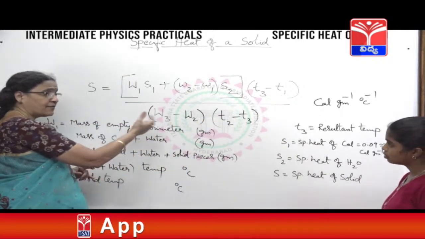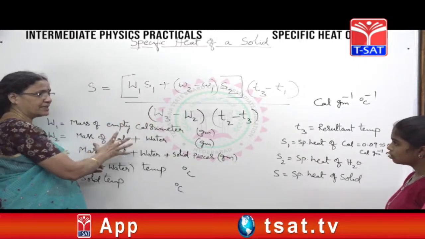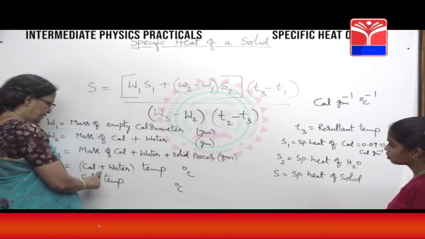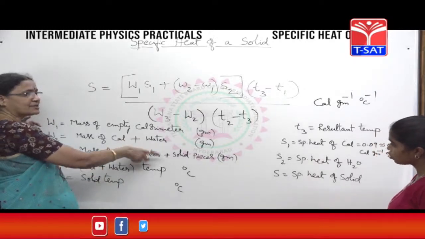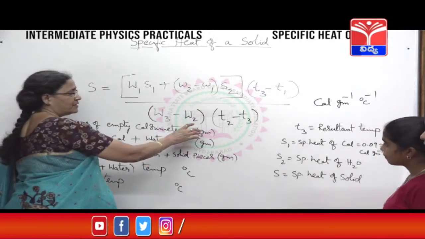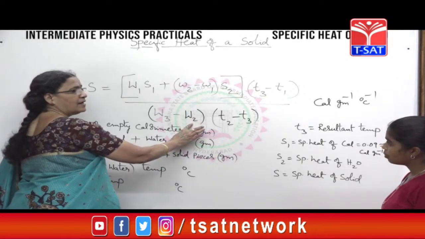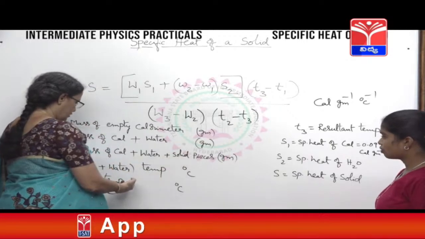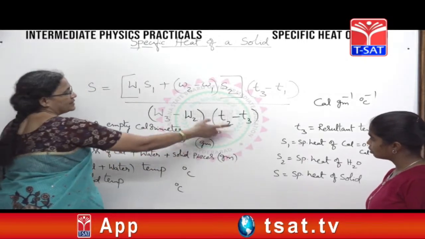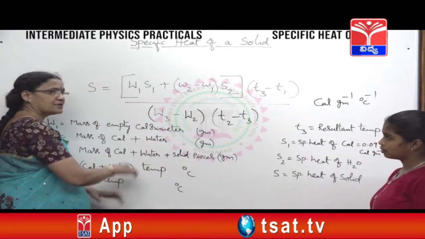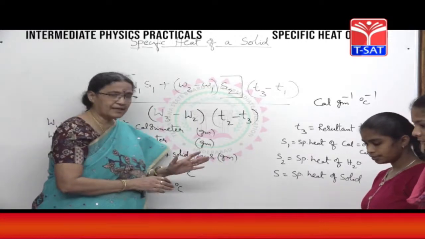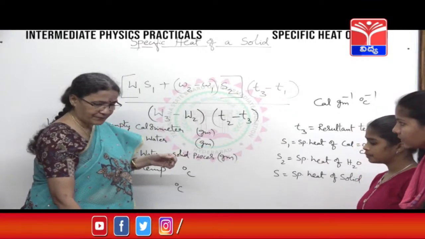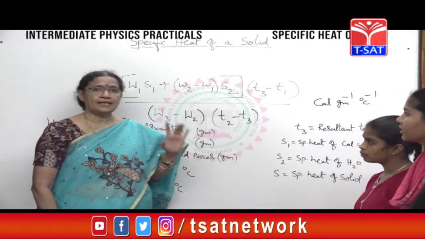Now we are just checking whether you know each and every term in this so that you can substitute. W3, mass of calorimeter plus water plus solids. You have measured with rough balance. W2 again, mass of calorimeter plus water. T2, temperature of the hot solid. T3, resultant temperature.